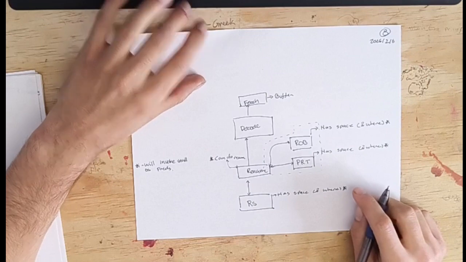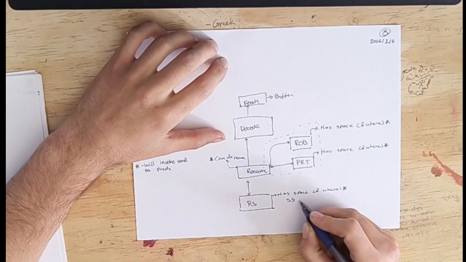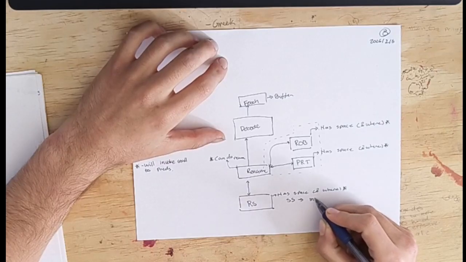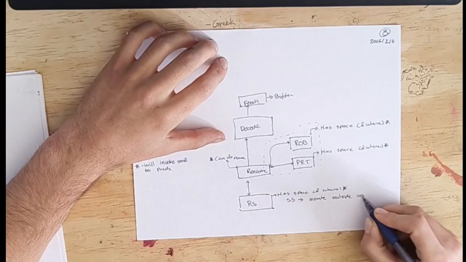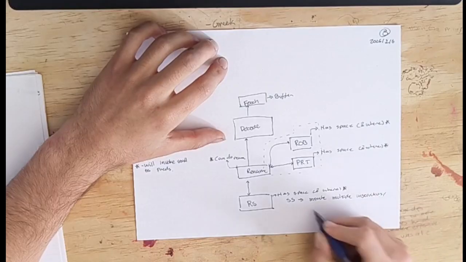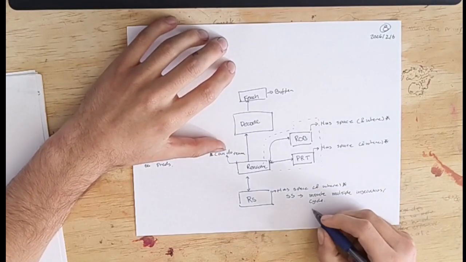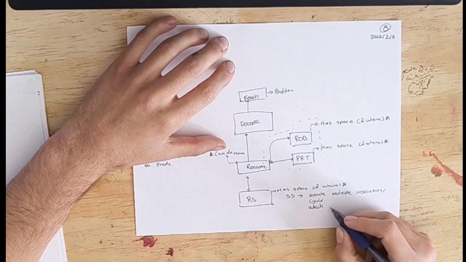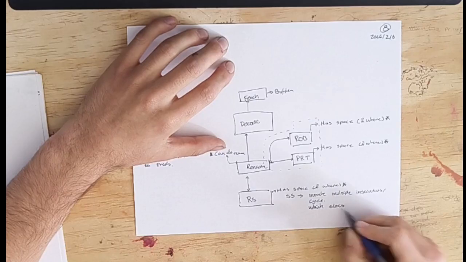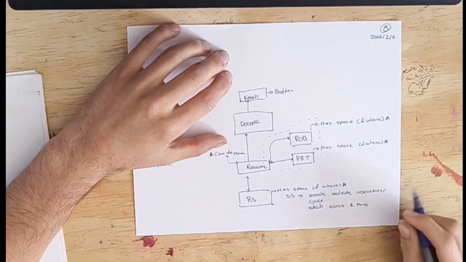We want the reservation station to be superscalar, right? Which means that it needs to be able to intake multiple instructions per cycle. Which means that we need to be able to identify which slots are free, and communicate that back to the rename stage, right?